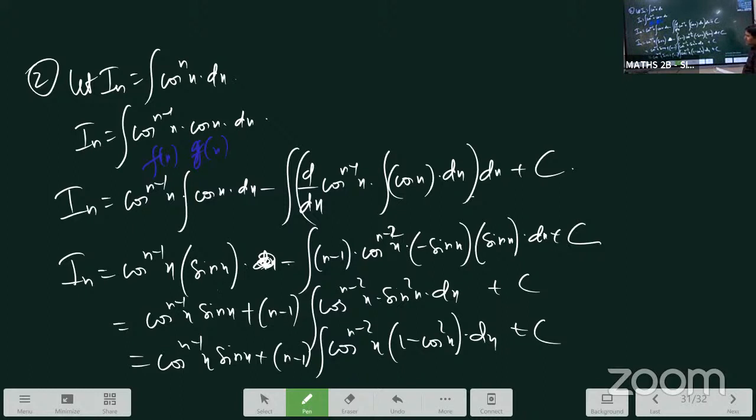The approach for sine and cos is the same, it will always be the same.